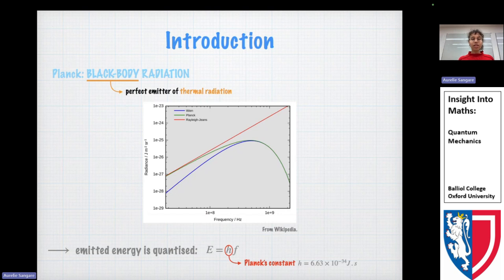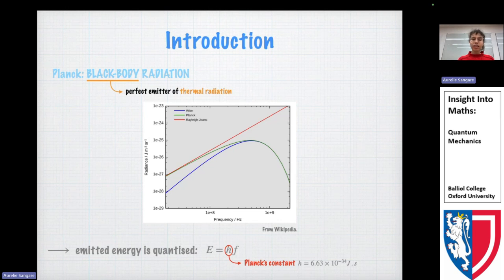And in order to devise that law, Planck had to postulate that energy is not emitted in a continuous way, but instead it is quantized. So meaning that essentially your energy is emitted in small packets, small quanta of energy, rather than just some kind of continuous wave of energy.